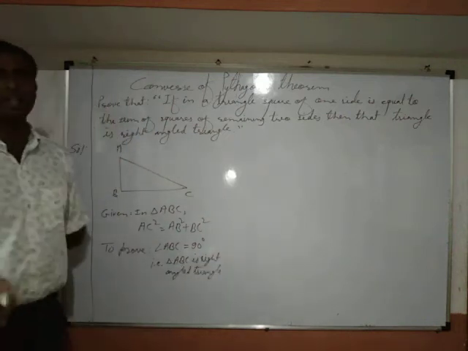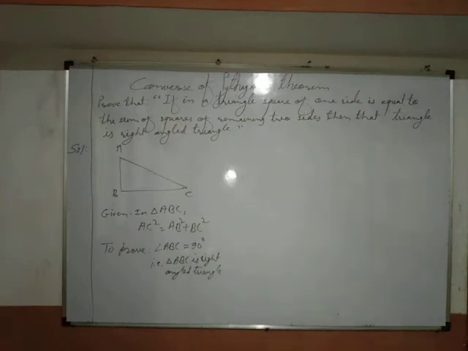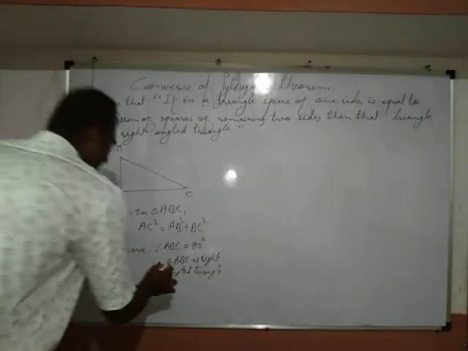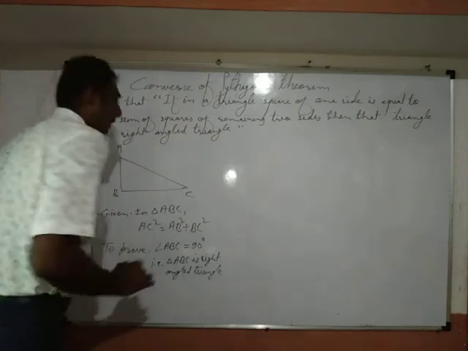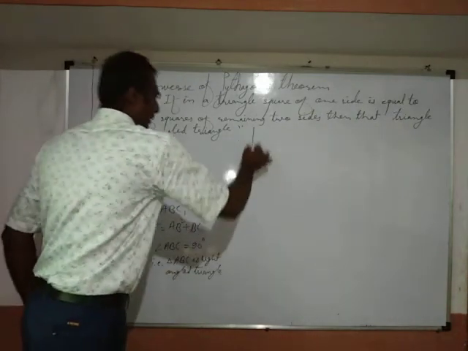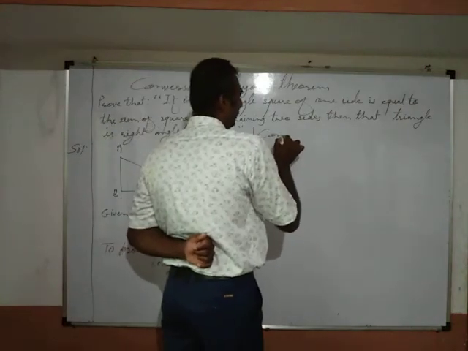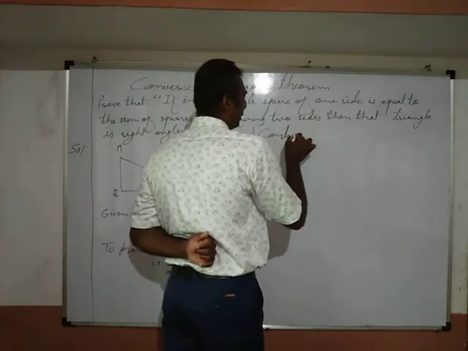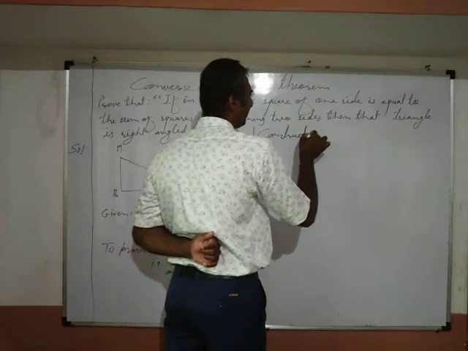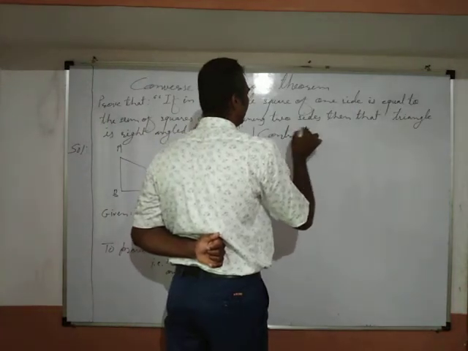Now let's prove this. As we know that it is only possible in the case of a right angle triangle, let's draw such a triangle that it will be right angled, and that we are going to mention in construction.